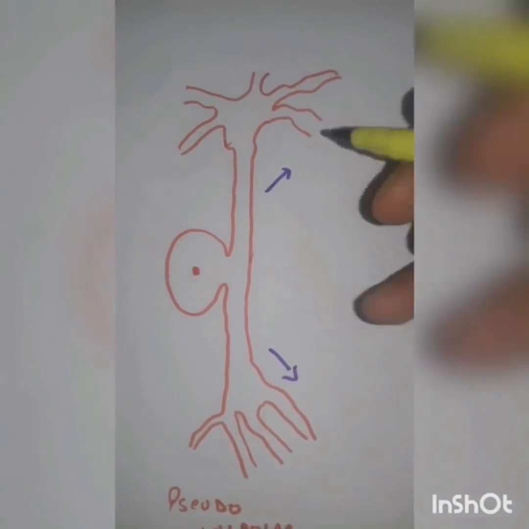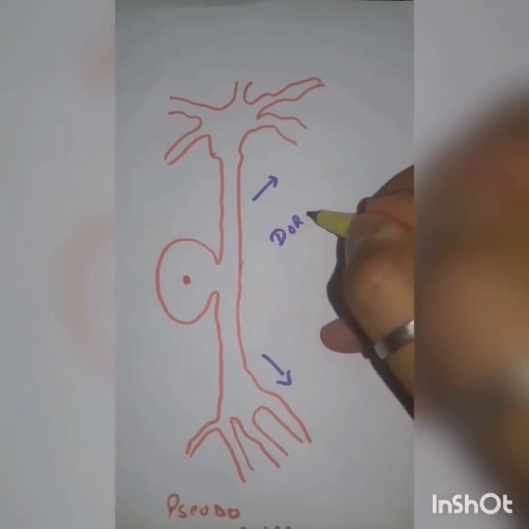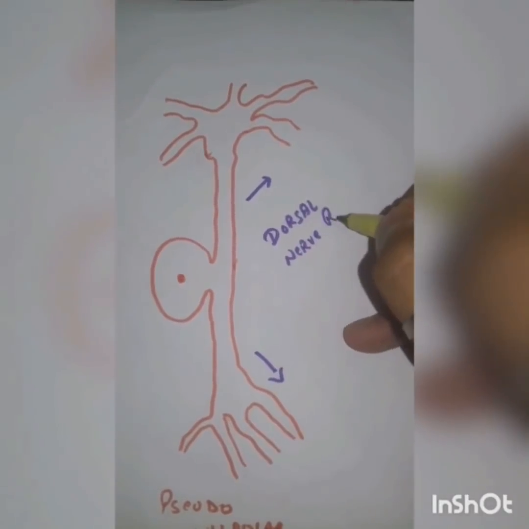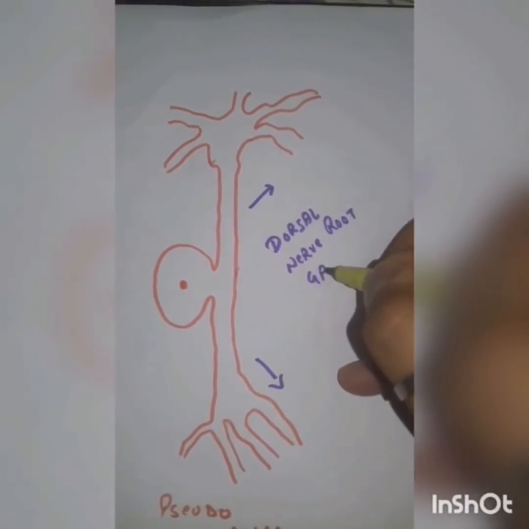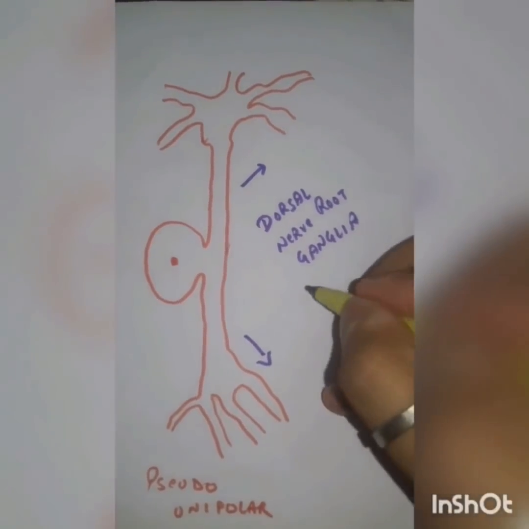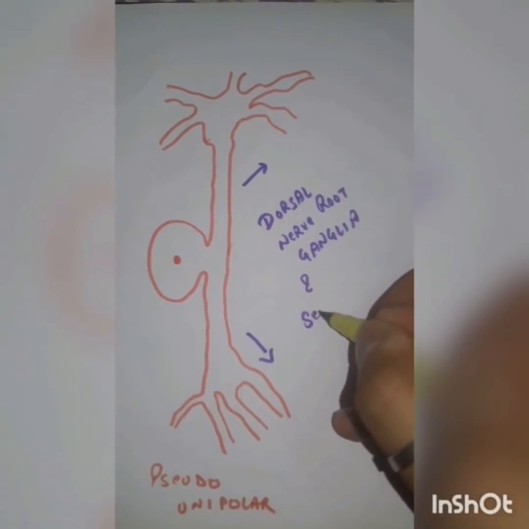Pseudo-unipolar neurons are mainly found in the dorsal nerve root ganglia and the sensory ganglia of the cranial nerves.